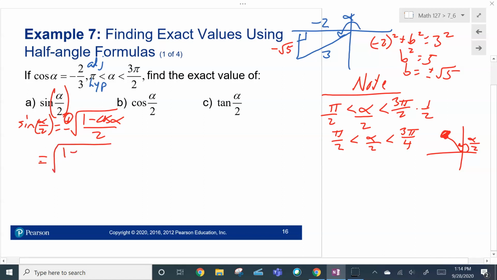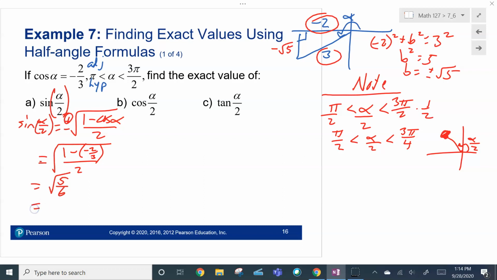1 minus cosine alpha, so cosine alpha is adjacent over hypotenuse, negative 2/3, all over 2. So 3/3 plus 2/3 is 5/3, divided by 2 is 5/6. So we got square root of 5/6, or square root of 5 over square root of 6.